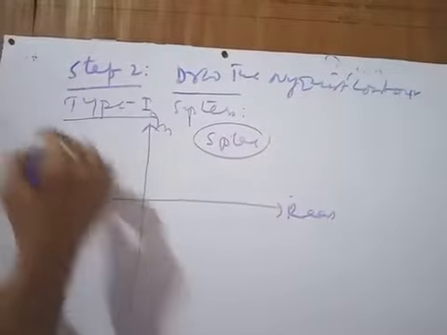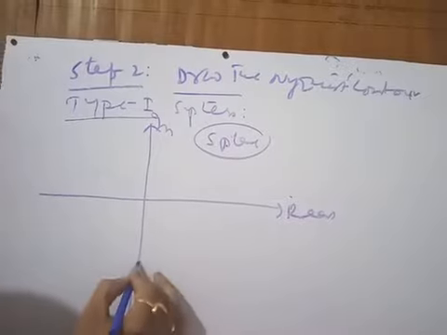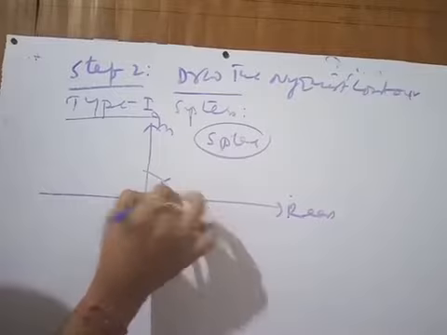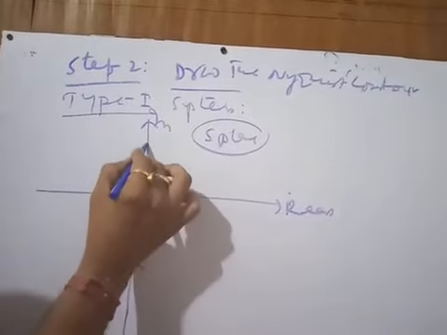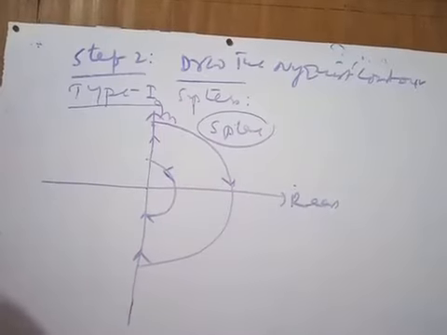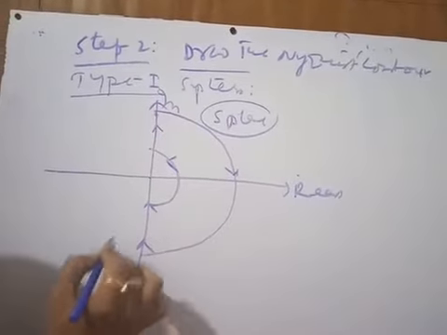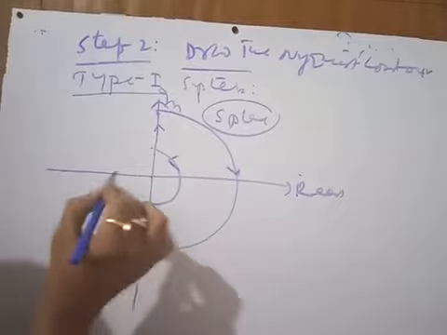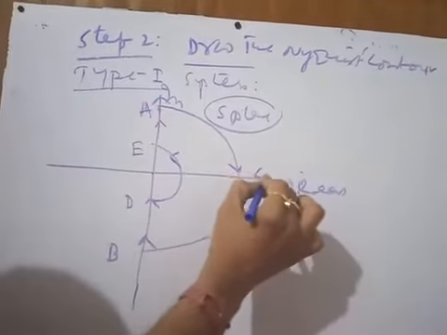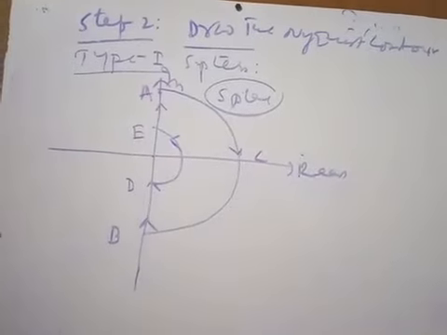And as this is a type 1 system, you have to go to this point, bypass the point 0 and go to that point, and you have to again come back to this, right? So from B to D to E to A and through C to B. These are the two paths.